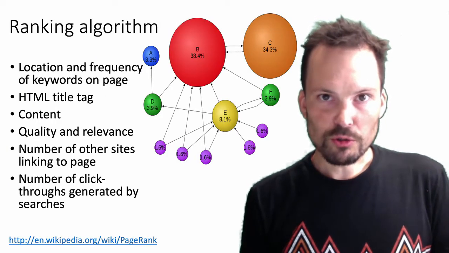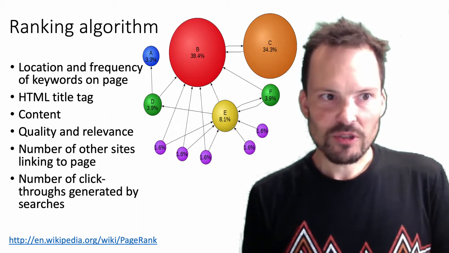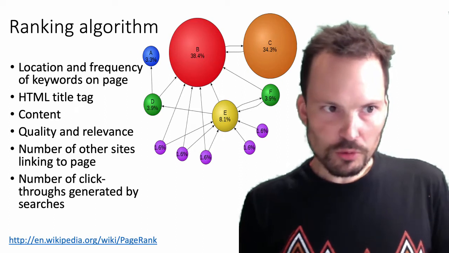So when you type in your search term in Google, you're activating Google's ranking algorithms, and they will then return your search page for you.